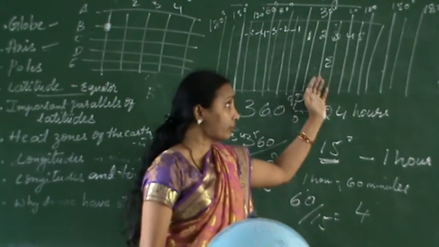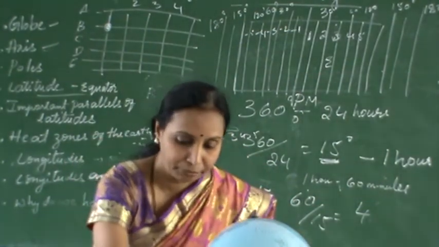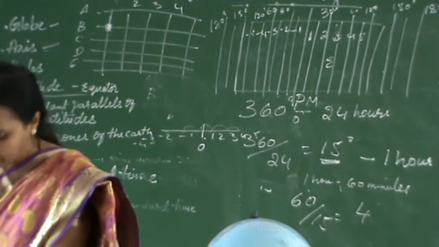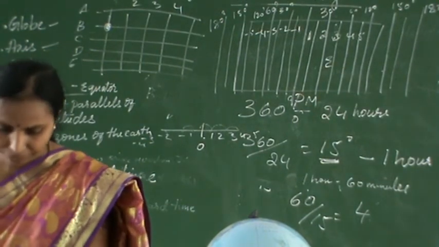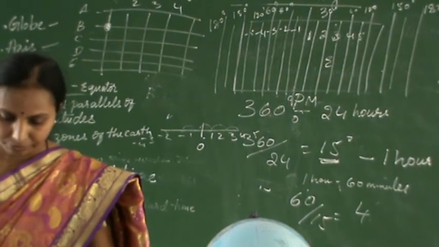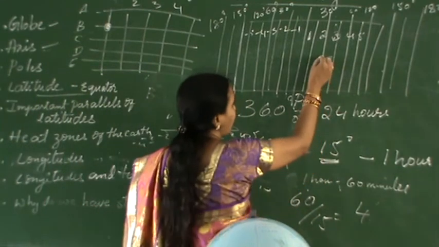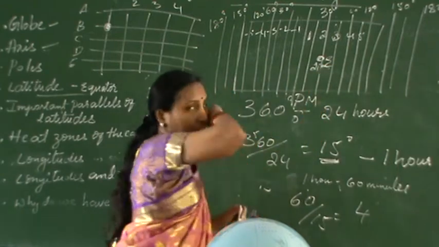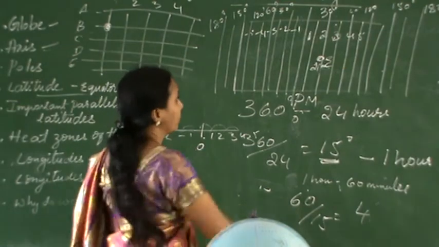To understand it more elaborately, I will explain with some examples. Now suppose the time here is 2 p.m. As we know, it will move ahead.